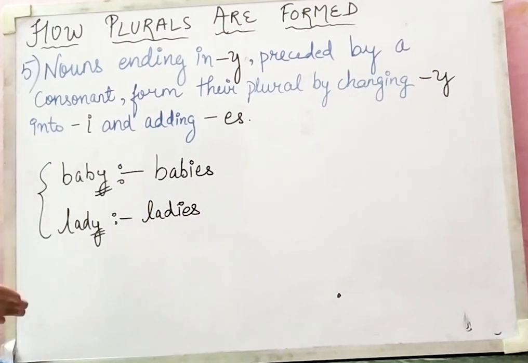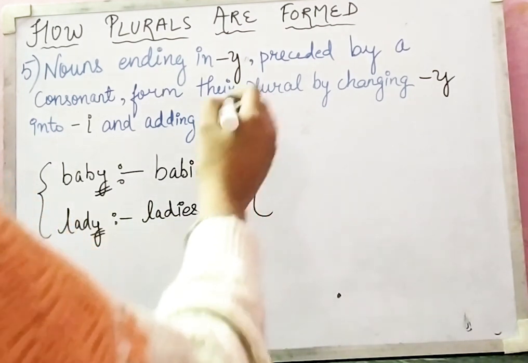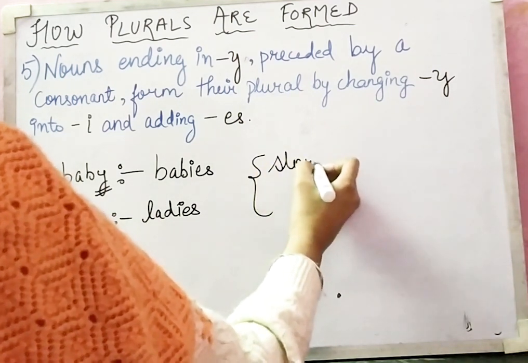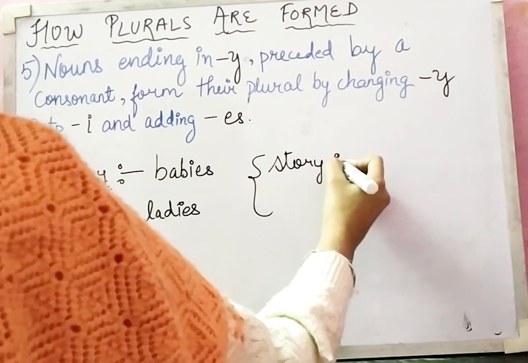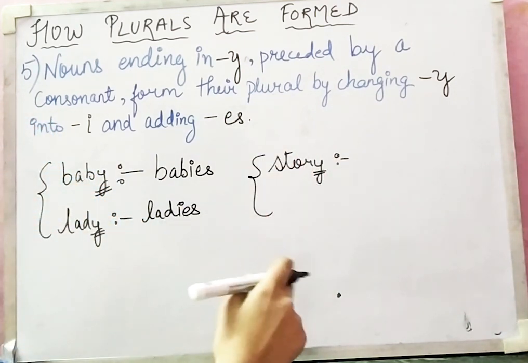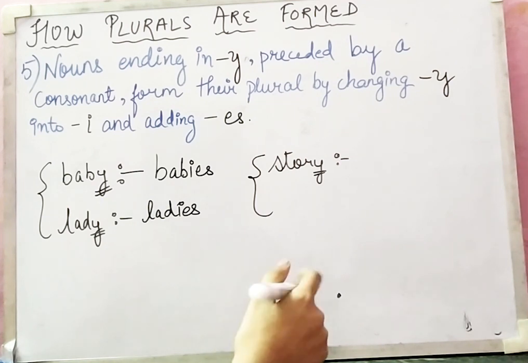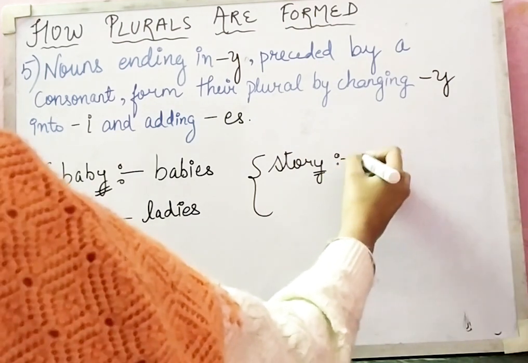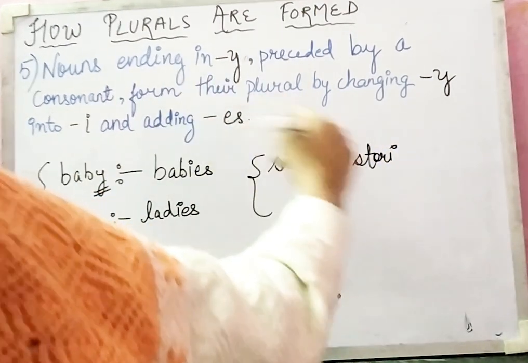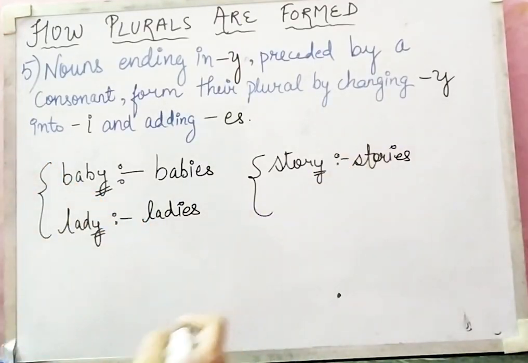So we can take one more example, like story. In story y is the ending, means we can replace y by writing I, means stor and then I. Then we have to add es, means stories.